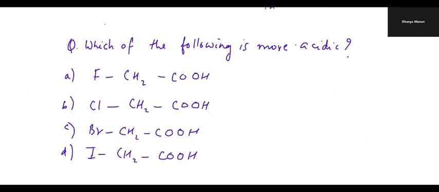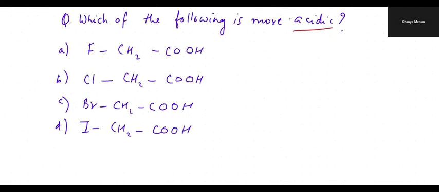Coming to the next question: which of the following is more acidic? You have a set of compounds like this. Now, an acid has H plus ions, and it dissociates to give you H plus ions and A minus ion. We can judge the acidity of an acid by the stability of the conjugate base, A minus.